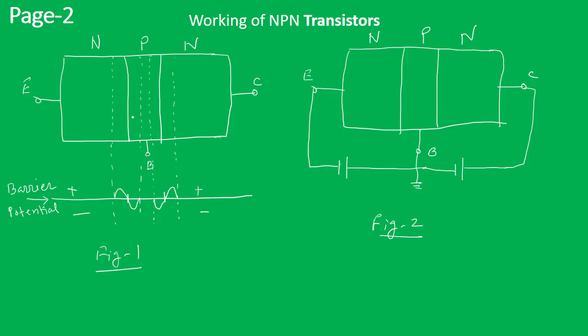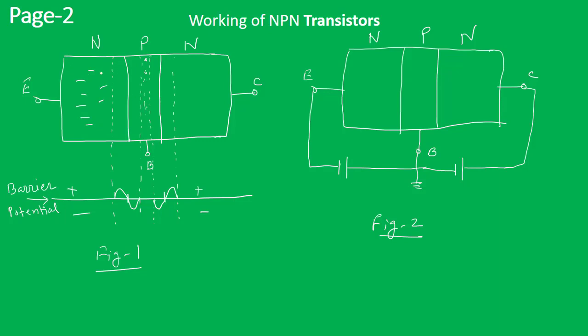Figure 1 shows that no external bias is provided to the NPN transistor. Just like our concept of a diode or PN junction, a barrier potential develops. On the N side, the majority charge carriers are electrons, and on the P side, the majority charge carriers are holes.